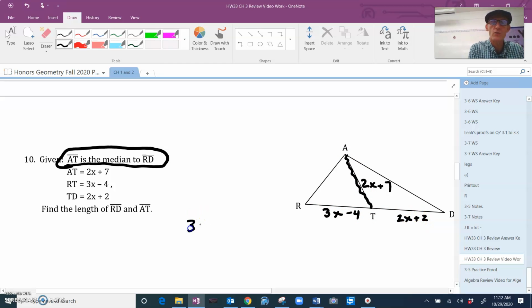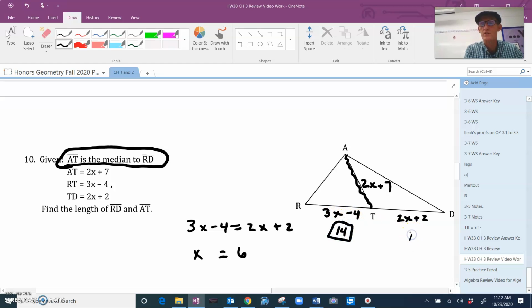So 3x minus 4 is equal to 2x plus 2. We're going to solve for x and substitute to find the answer. Subtract the 2x and I get x, add the 4 and I get 6. So x is 6 in this problem. We're going to substitute 6 in, so 3 times 6 is 18, minus 4 is 14.